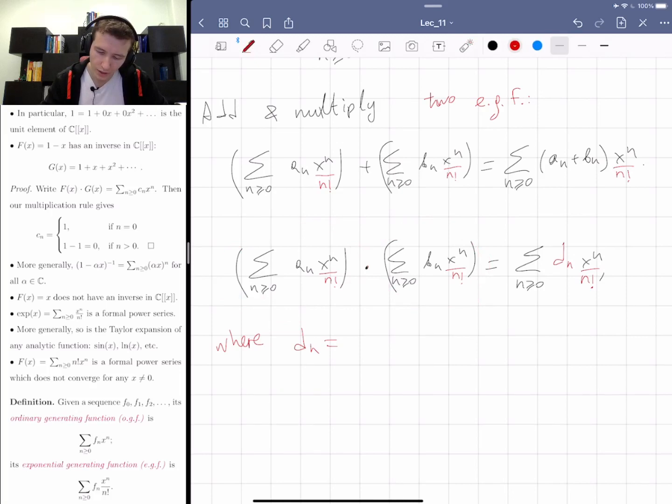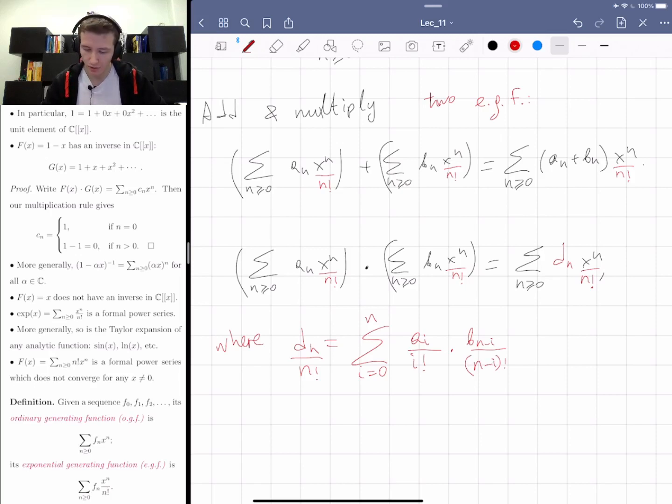If I treat these as usual formal power series, then the coefficient of x to the n is the sum over i from 0 to n of the coefficient of x to the i here, a_i over i factorial, times the coefficient of x to the n minus i here, b_{n-i} over (n minus i) factorial.